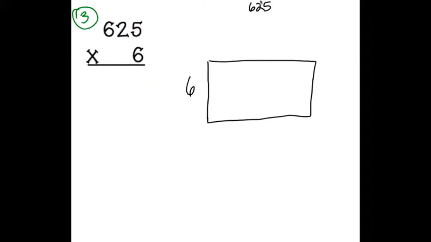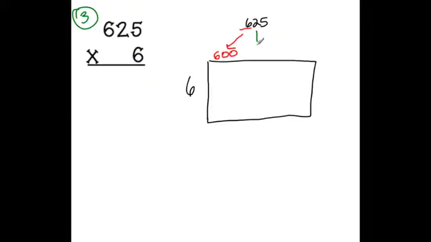Give myself some room here. It's a lot of squares. Okay, now we're going to split this number up just like we did before, but this time there are 3 digits, so I need to have 3 numbers. So, starting with the 6, what is the value of the 6? 600, right?